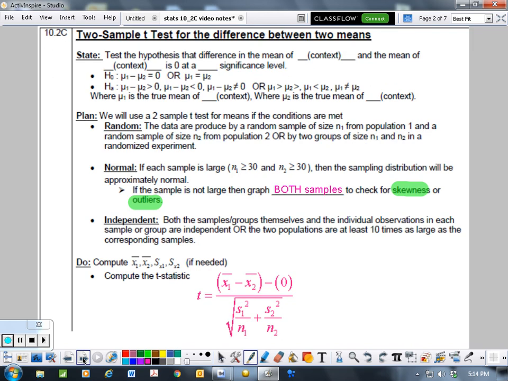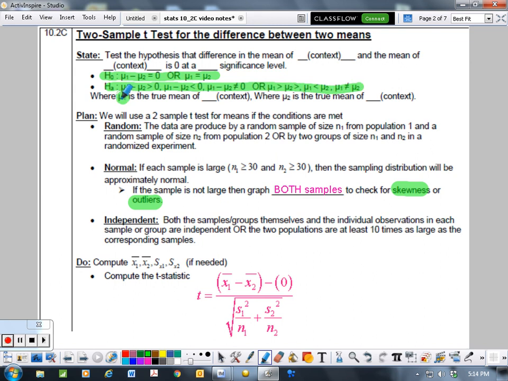So the 2-sample t-test for the difference between two means. We're going to test the hypothesis that the difference in the mean blank and the mean blank is 0 at a blank significance level. So again, that null hypothesis and that alternative hypothesis, depending on what you're looking for.